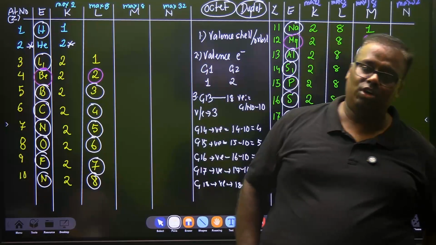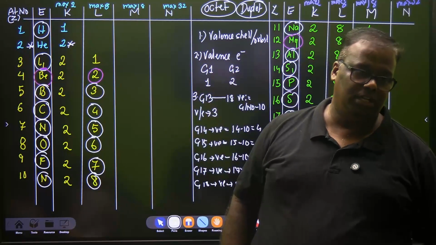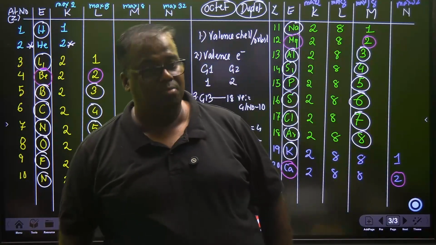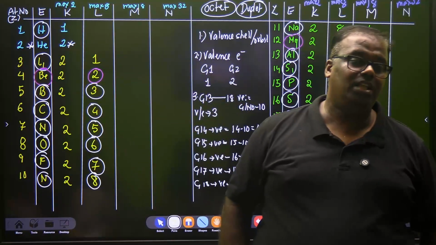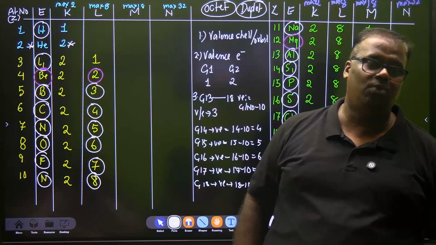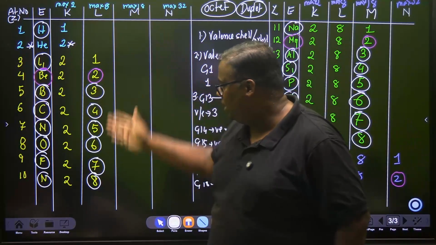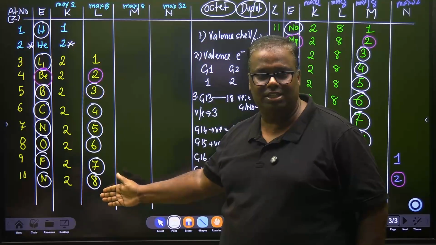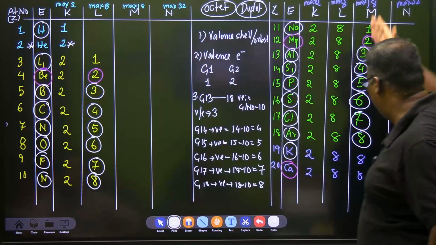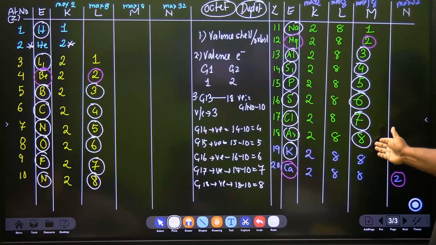Write in bracket, when the number of shells is greater than 1. For anyone with more than 1 shell, the maximum you occupied was 8.